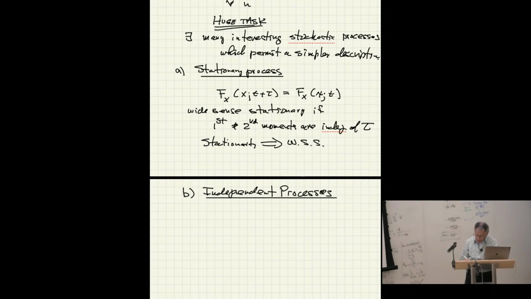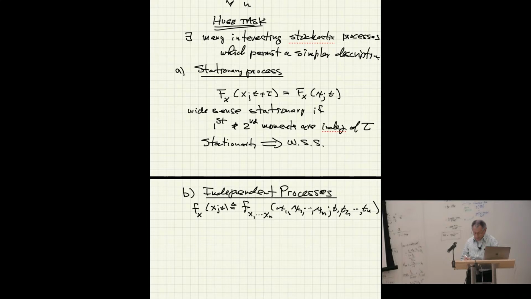So I'm going to say for independent processes, the density on that vector x of x and t is defined to be, and what I mean by that, remember that big X is a vector, it's f sub x1 through xn of x1, x2 through xn, semicolon, t1, t2 through tn.